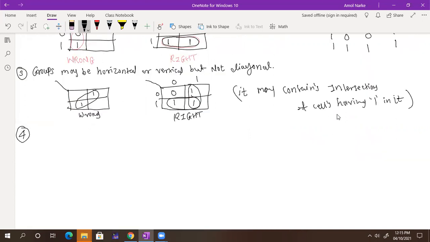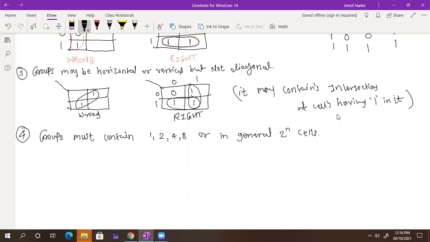Now whatever you have, make a group. Groups must contain 1, 2, 4, 8, or in general 2 raised to n cells.